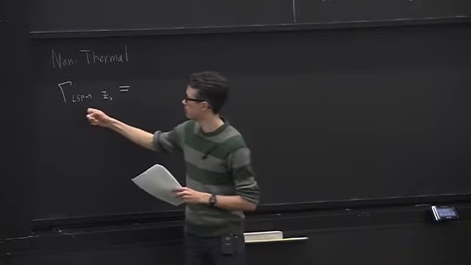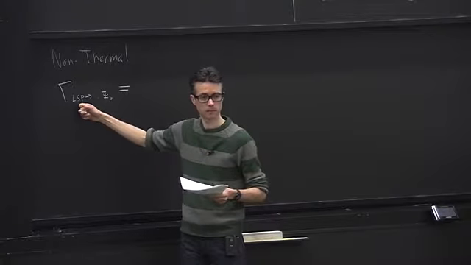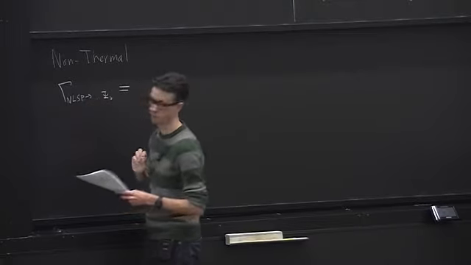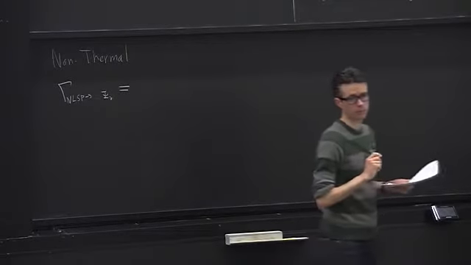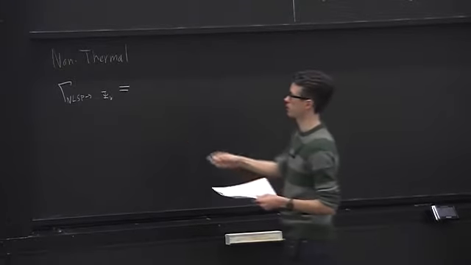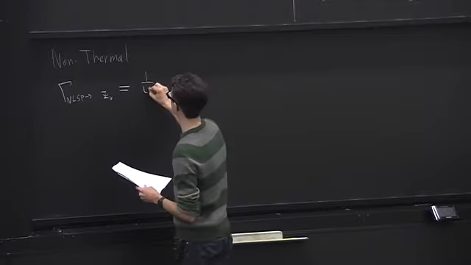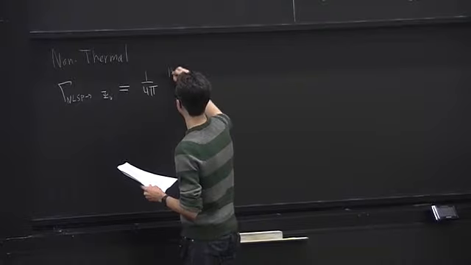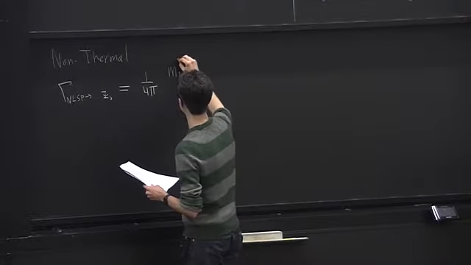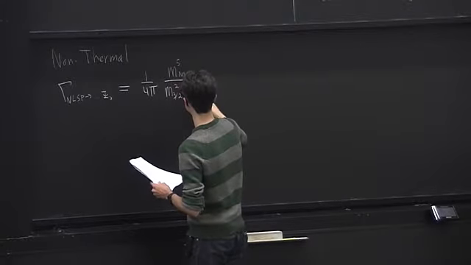In this case, my lightest standard model superpartner is no longer the LSP, because it's heavier than the gravitino. So instead we call it the NLSP, the next to lightest supersymmetric particle. So in this case, my lightest standard model superpartner is going to decay into the gravitino plus something else. And based on our estimate here, the rate for this is 1 over 4 pi, the mass of the particle to the 5th over m3/2 squared and Planck mass squared.